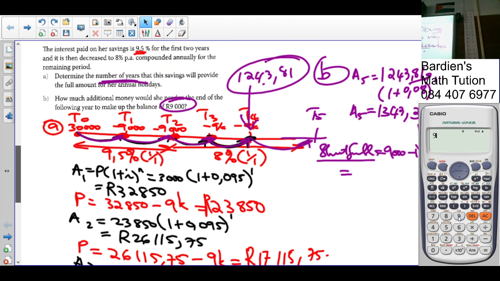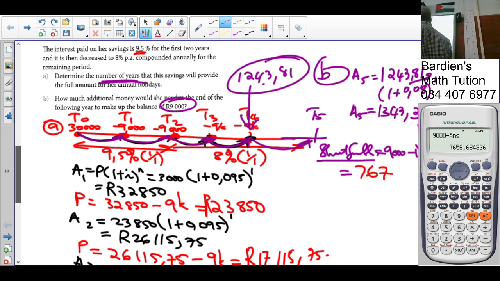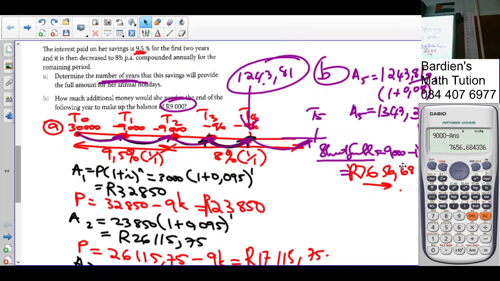So she has a shortfall of 7,656 rand and 68 cents. Okay, you guys understand? Any confusion?